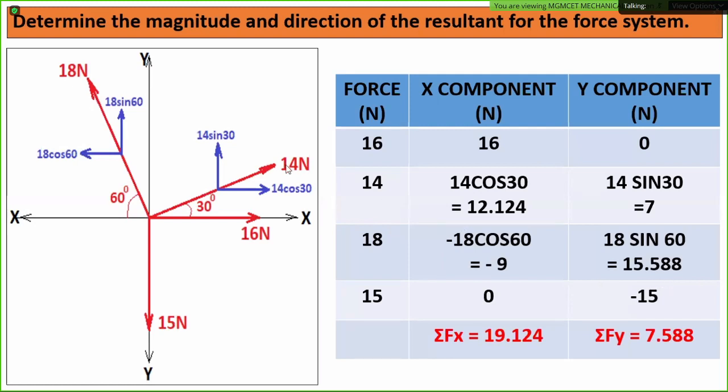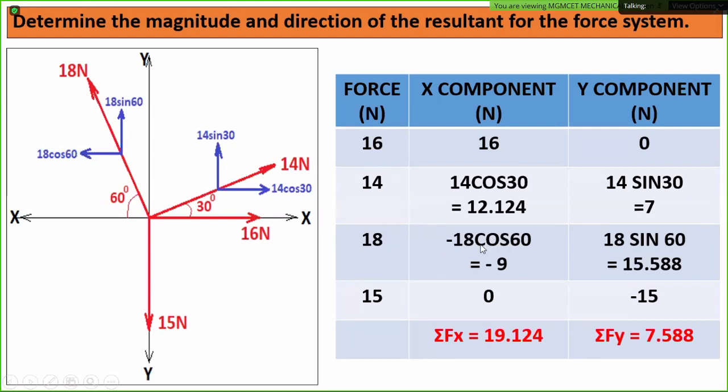Then move to the 14 Newton force: x component acting towards the right, positive; y component acting in the upward direction, again positive. So 14 cos 30 is the x component, which after calculating is 12.1124. Y component, 14 sin 30, is 7 Newton. Similarly, for the 18 Newton force, as I told you just now, the x component is acting towards the left, and left on the x-axis is negative.